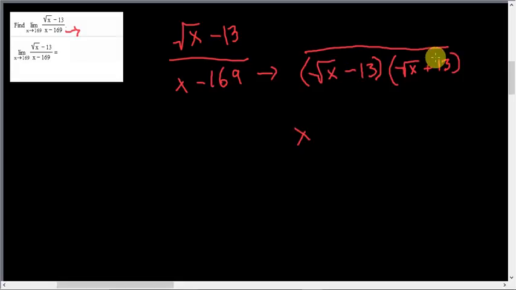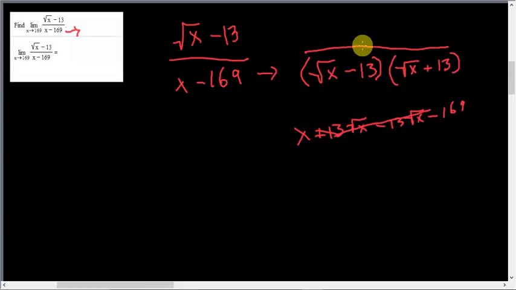Times 13 is positive 13 square root of x. And then negative 13 times square root of x. And then negative 13 times positive 13, that's negative 169. These cancel out, and you get x minus 169. So we have a minus there.